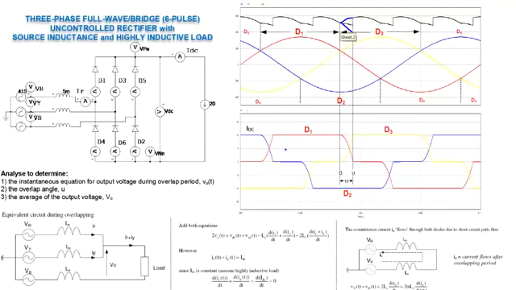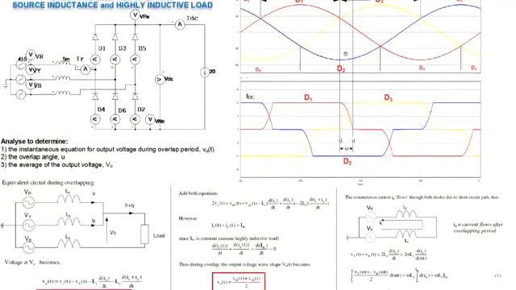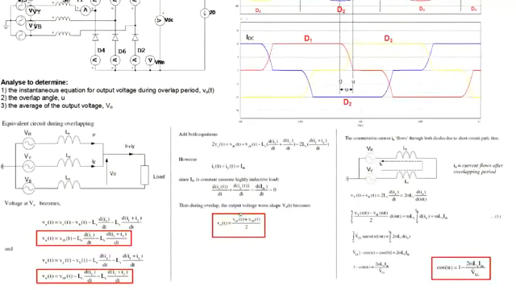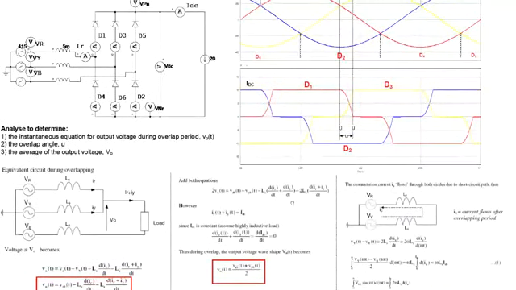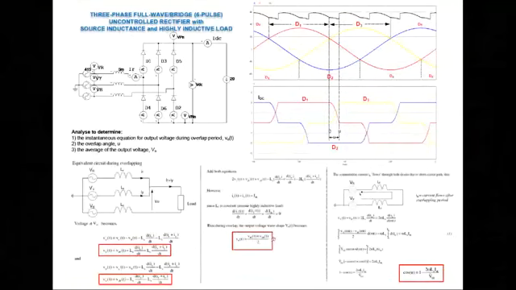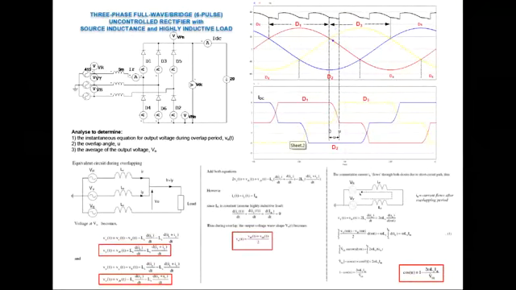That is already proven by these equations, whereby Vout during that overlap equals to VRB, which is the line-to-line voltage between red and blue, plus VYB, divided by 2. So that is the voltage equation to describe the instantaneous voltage during that overlap period. Okay, so we are done with that.